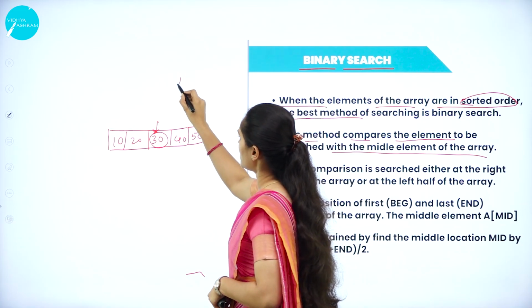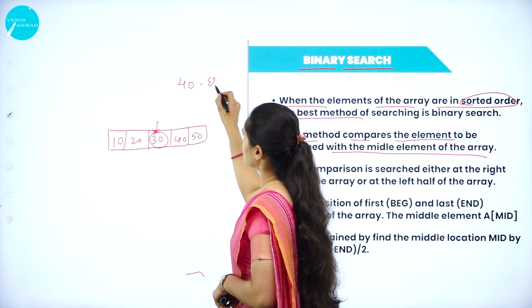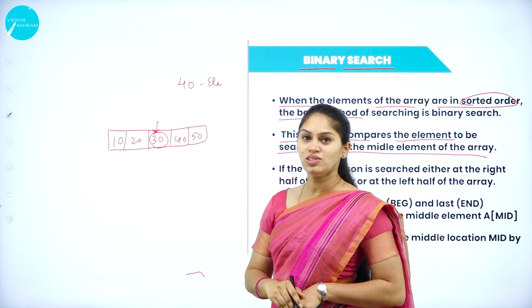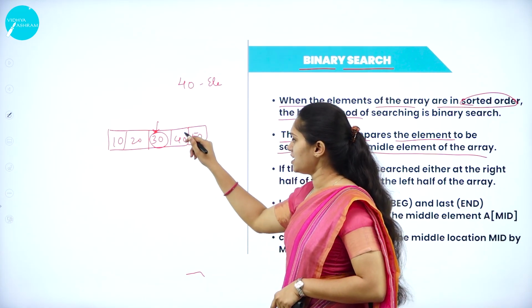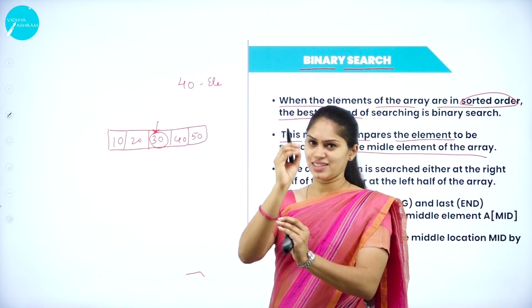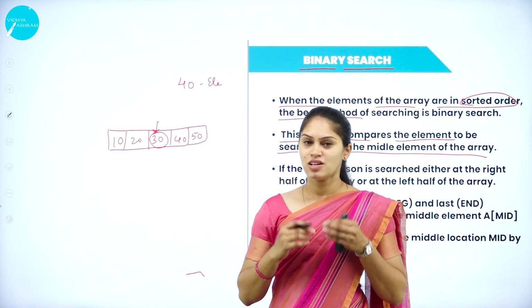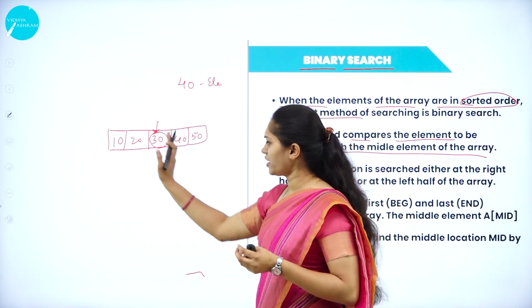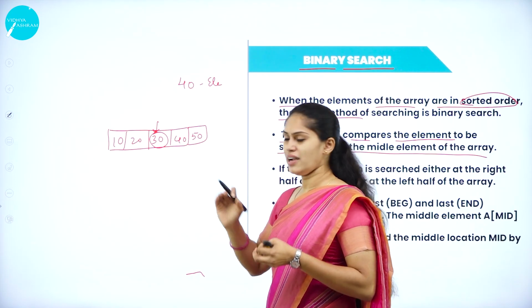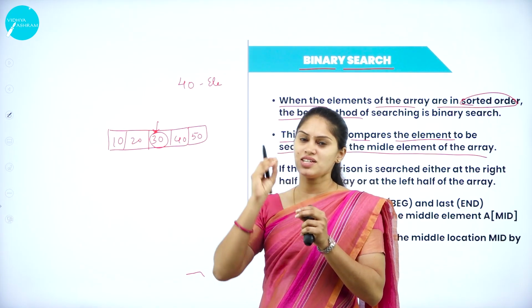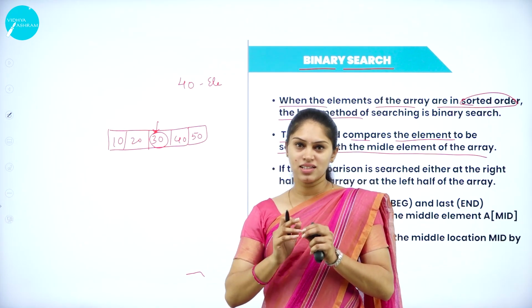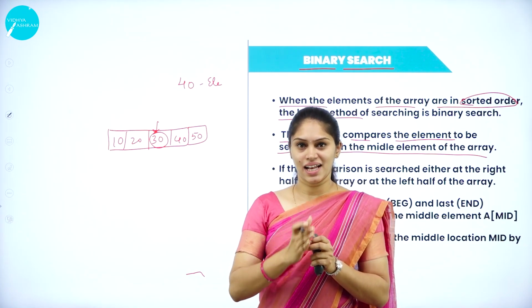And I want to search for an element called 40. So what am I going to do? I am going to compare this 40 directly with the middle element. I am just going to leave this part. In the first stage, I am just going to compare my searching element to the middle element.